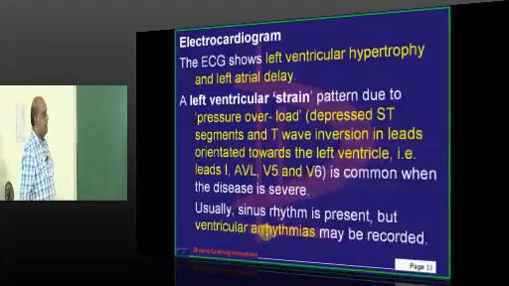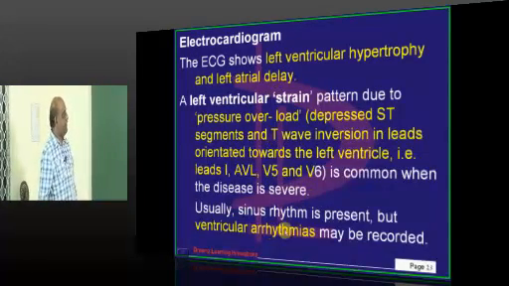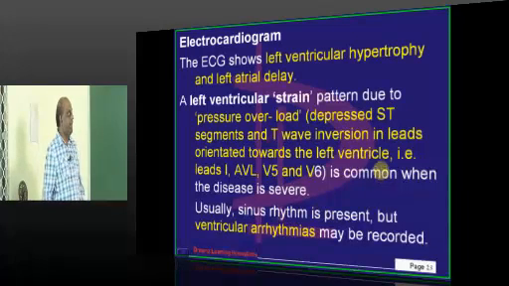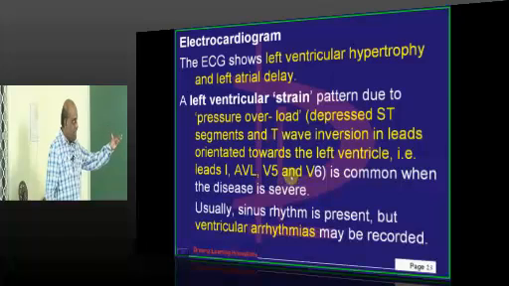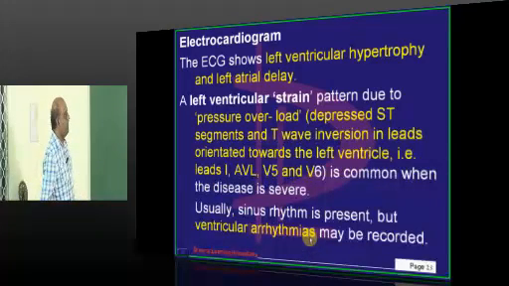And if you take the ECG, you have left ventricular hypertrophy signs and the pressure overload signs on the left ventricle, like ST segment depression and T wave inversion in the left-sided leads V5 and V6, aVL and lead 1, which you will come across.